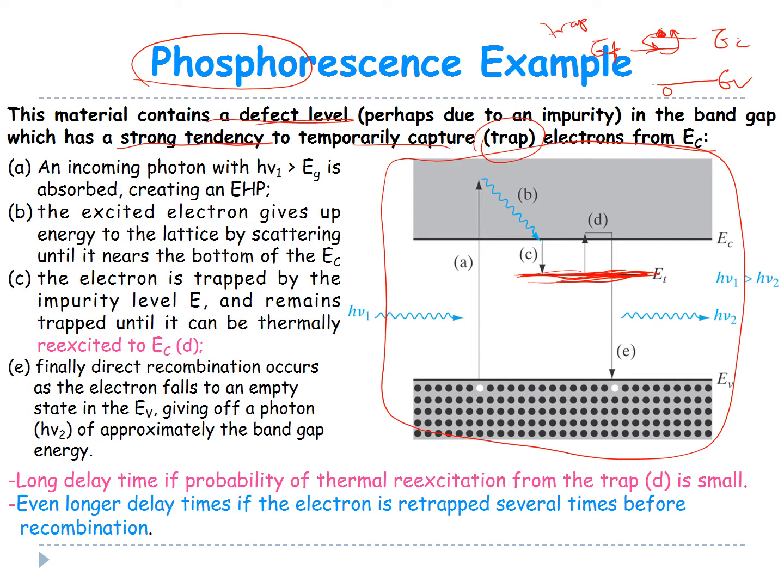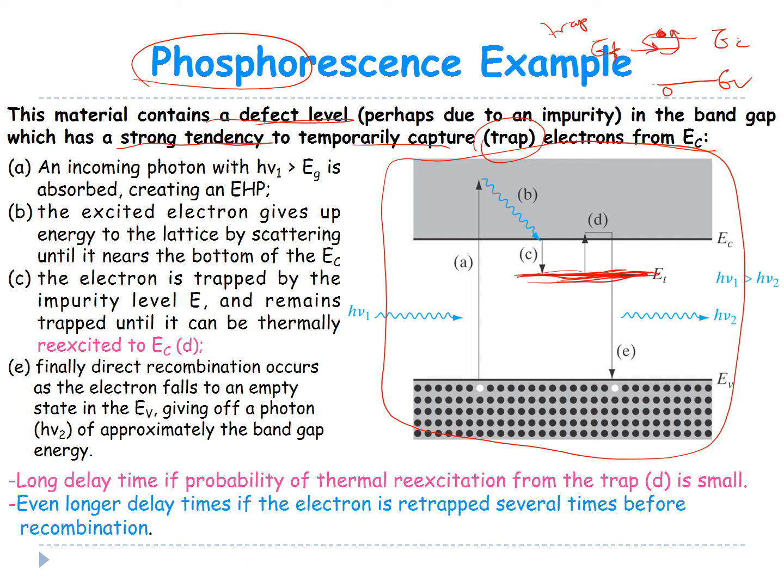Trap means temporarily capturing an electron. So it captures the electron and then it releases it. If a state captures a carrier of one type, and the most probable next event is detrapping, then that state qualifies to be a trap state.